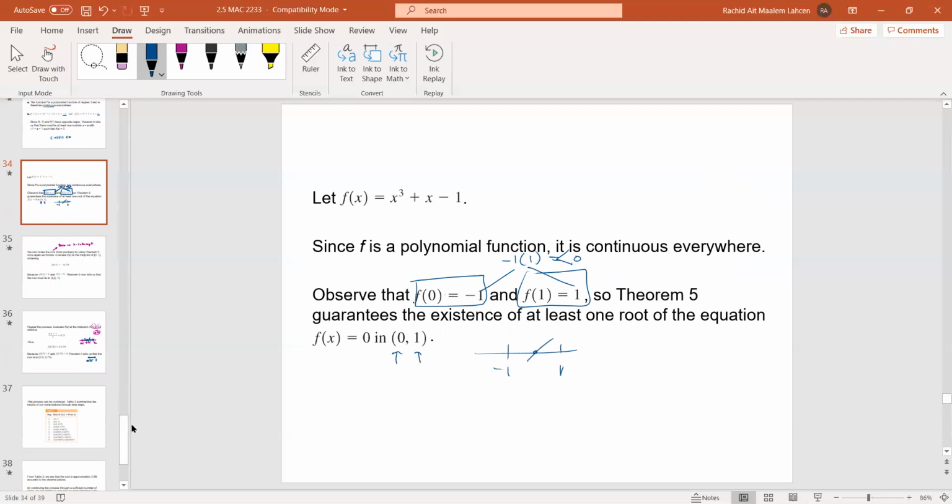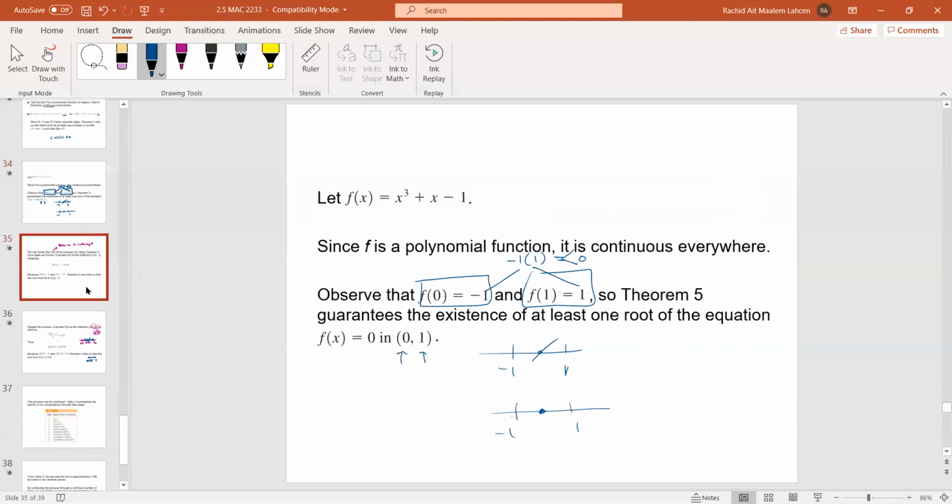If their y values or f values are opposite signs, then yes. Then the investigation now, this is too big. We go to the middle and we investigate now this with this and this with this. Again, just like we did here. So that's what happened.